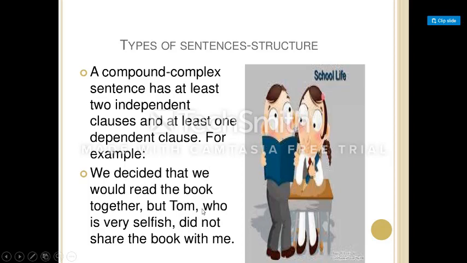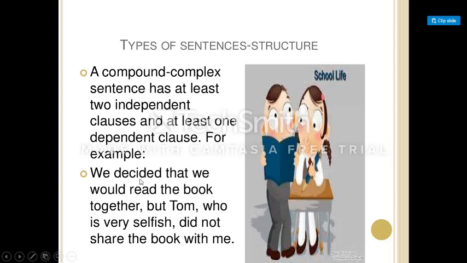But Tom, who is very selfish, since it is an adjective clause, this is again dependent. Tom did not share the book with me. This gives additional information about Tom.